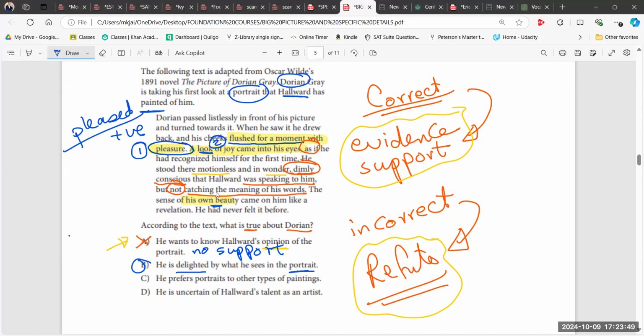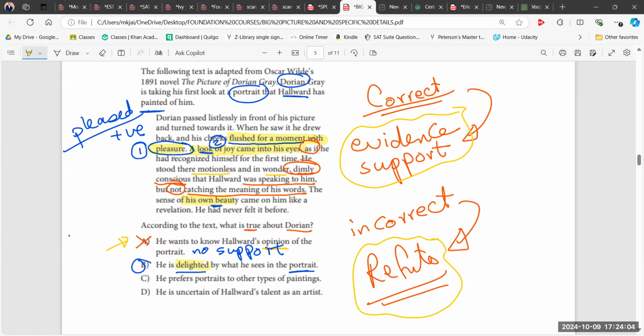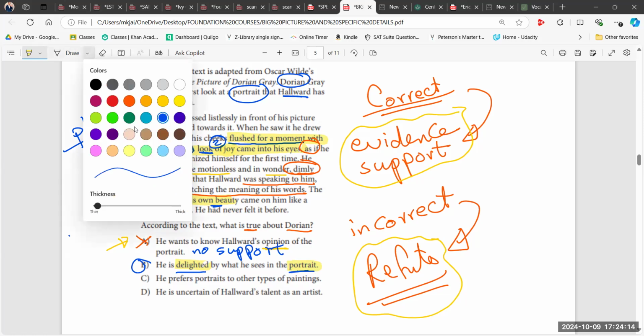He's pleased, he's happy about what he sees. So all the time, whenever you pick a choice, make sure that you look for support. Okay, delighted, pleasure, joy, beauty. So what is his reaction to the portrait, the feeling?